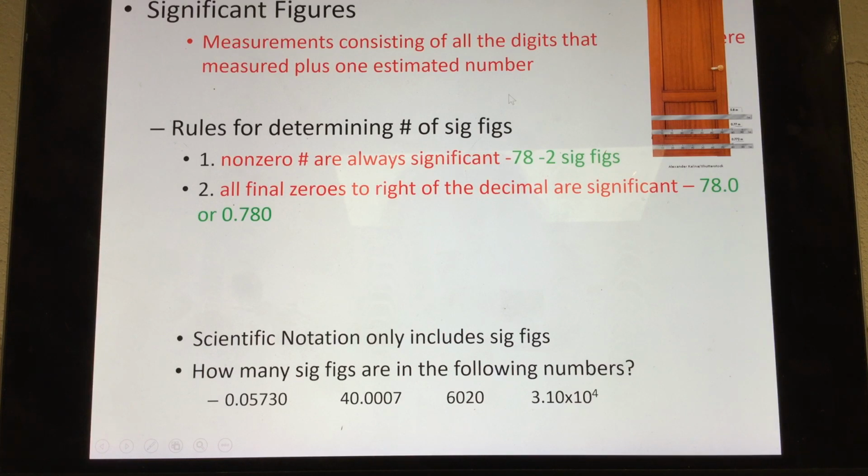So like here, instead of just plain old 78, if we have 78.0, that 0 is at the end of the number on the right side of the decimal, so that 0 is significant. So this number has 3 sig figs.